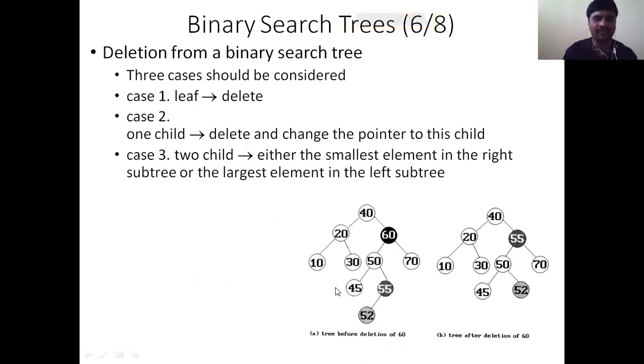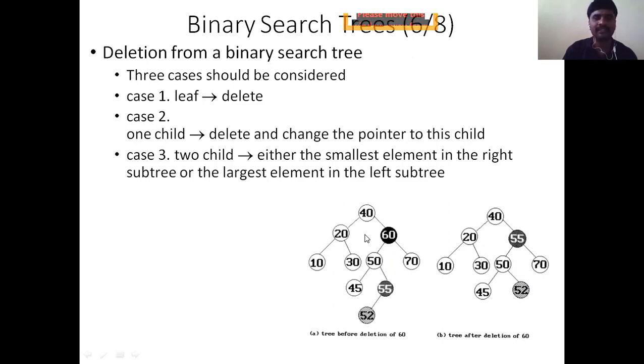How is it represented? Case 2, one child: delete and change the pointer to this child. Here is the tree after deletion of 60, how it looks. Before how it looks like and after how it looks like. On deletion of 60, it will go directly to 55 as the replacement.